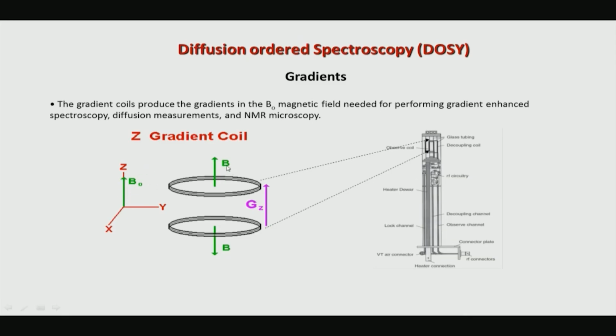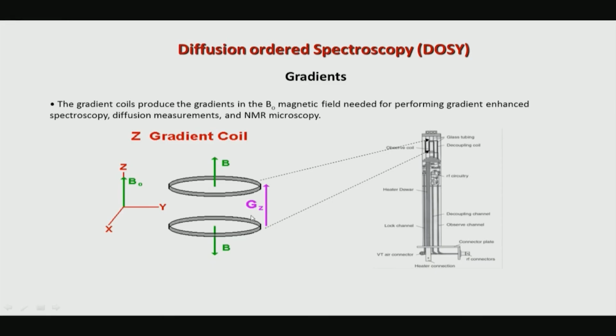But now I am applying this current here, and my sample will be sitting in this coil. So it will experience an additional magnetic field in this direction towards the top. This is the top part of the sample, whereas the bottom portion of the sample will experience an opposite magnetic field, because it is now subtracted from B0.